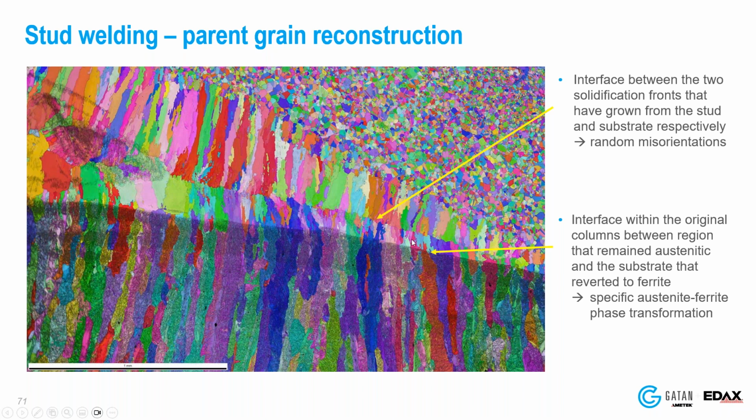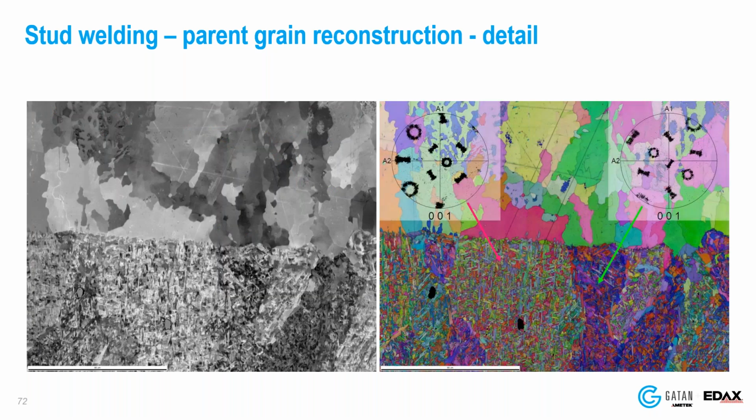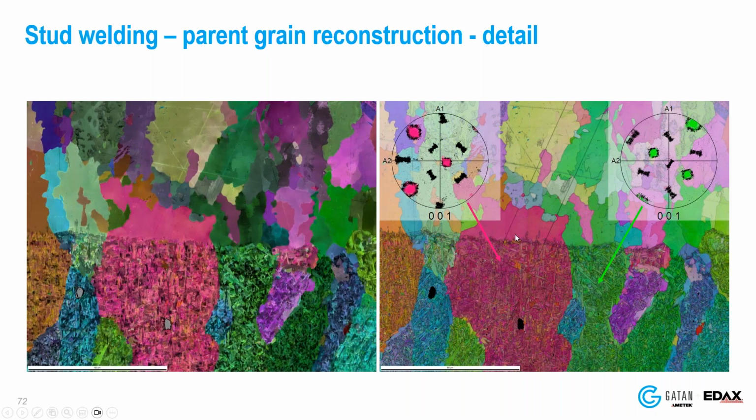So we added a little bit more nickel here during the welding that stabilized the austenite, and here at the bottom the austenite transformed back to martensite. And if we look at that in a little bit more detail, we can see it again. So we have 2 grains with that very distinct distribution, and after the parent grain reconstruction, the orientation fits beautifully as expected inside these circles.